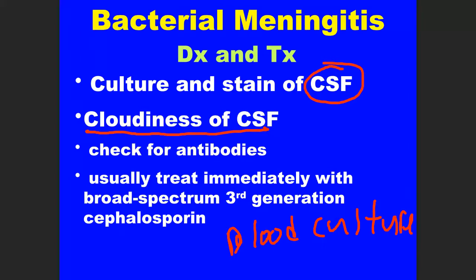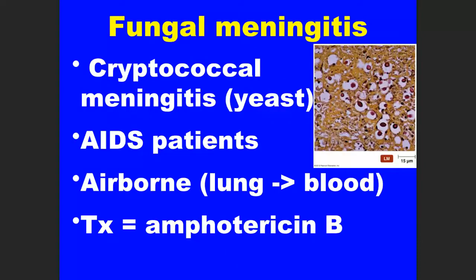No, because your blood is sterile. But if something grows, that could indicate where this might have come from. And all these signs and symptoms, in conjunction with the fever, the stiffness in the neck, and some of those other things, can also be used as a diagnosis.